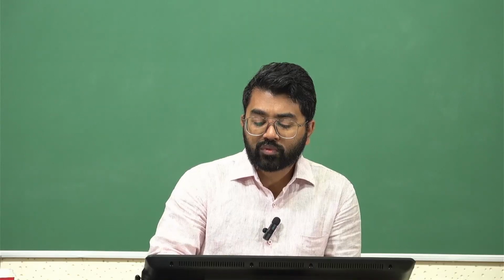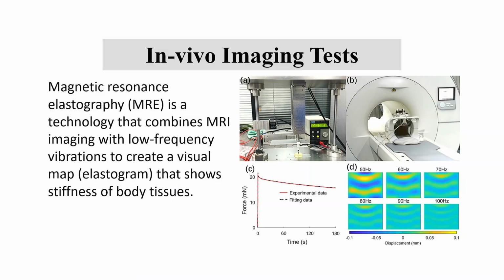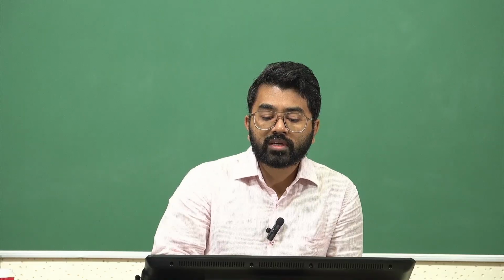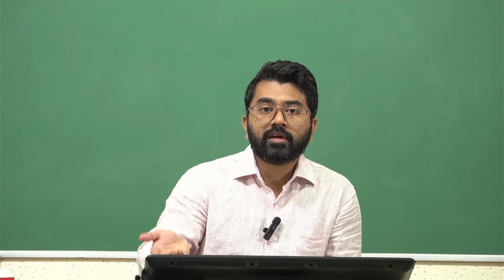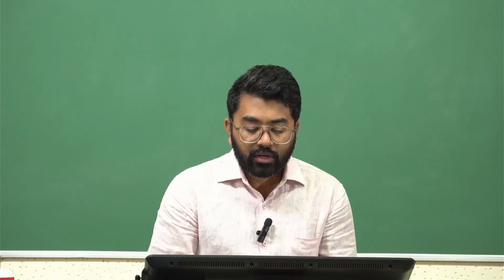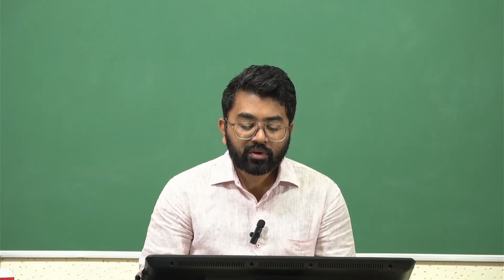And this is a plot which you see on the bottom. And parallelly, you can have a similar tissue block where you apply the similar vibration, and you are trying to mimic a tissue, what you're seeing in part A. Part B is a real test, and part A is a simulant which is being developed around it, right? So part C is where you're looking at the force versus time.